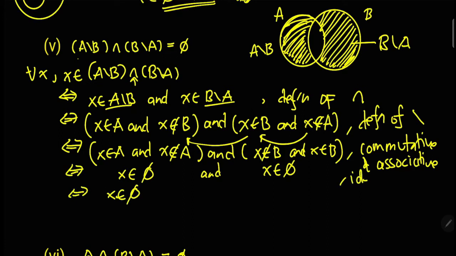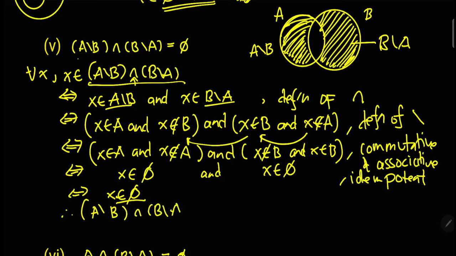Again, this is the idempotent property. And so we were able to show that the first set is equal to the second set. Therefore, A except B intersection B except A is indeed the empty set.